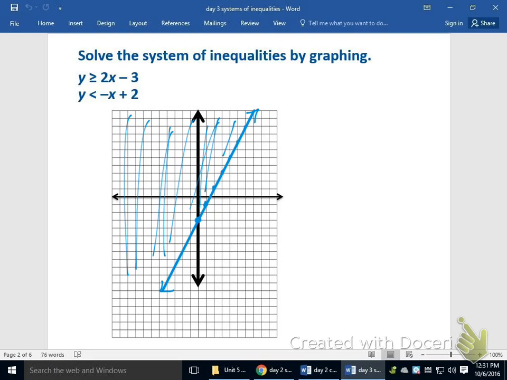Now I'm going to do this process for the second one, in red, or purple as it is. All right, so graphing the boundary, plus 2 is my y-intercept. Since my slope is negative 1, it's down 1 over 1. And I'm going to go ahead and get this graphed out.